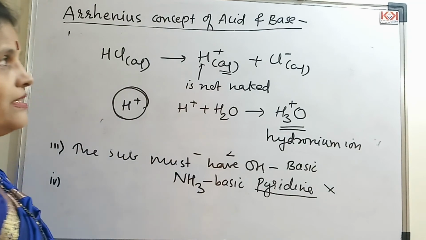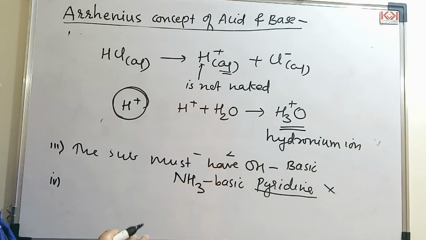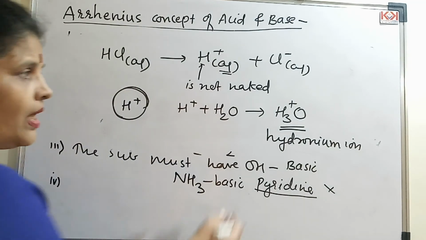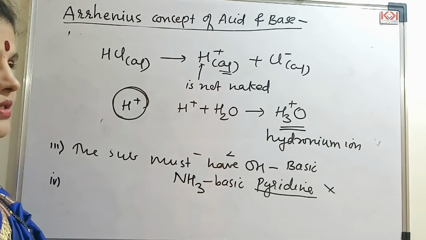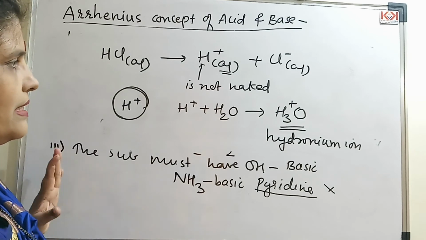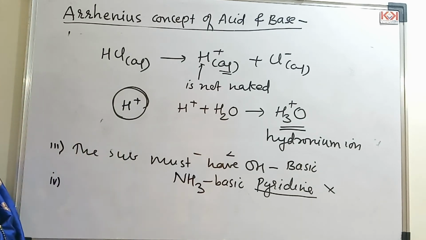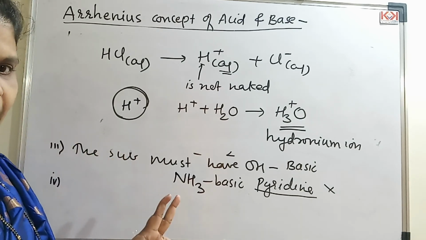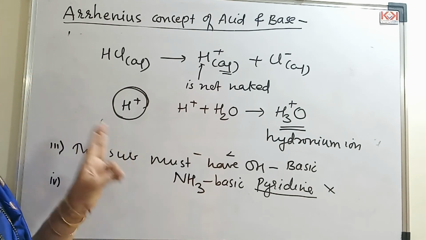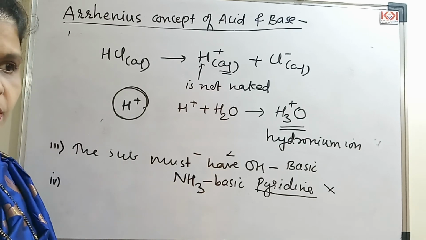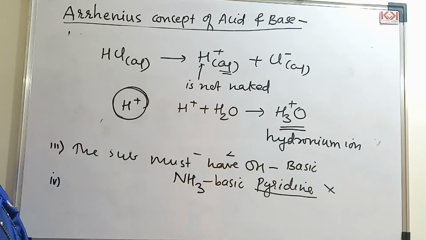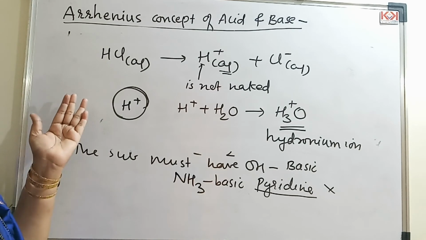Then on what basis does Arrhenius say that substances give H plus ion? They should give hydronium ion. So this was the last limitation to Arrhenius. Arrhenius could not explain all the four things. The first thing is that in order to know that the substance is acidic or basic, you have to dissolve that in water. Second limitation was the substance must have H in the molecule, means those substances which do not have H cannot be classified as acids according to Arrhenius.